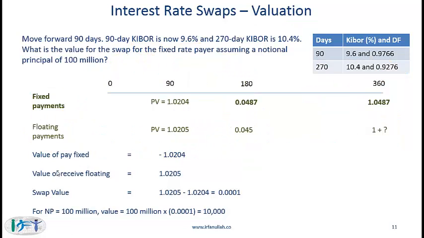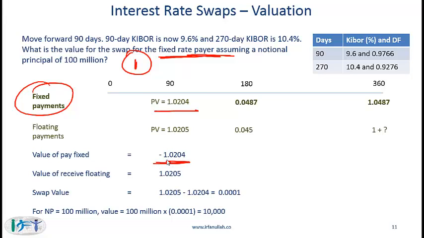Now let's come to the value. We've established that for 1 unit of currency, the present value of fixed payments is 1.0204. We are taking the perspective of the fixed rate payer. So this is the payment that needs to be made. Hence we have a value of minus 1.0204. Value of received floating is 1.0205. That is a plus.